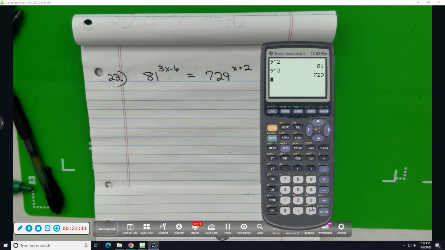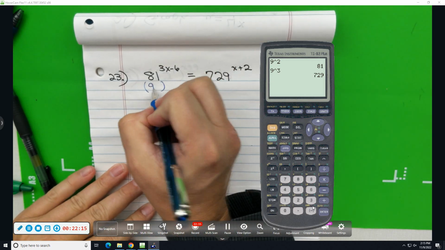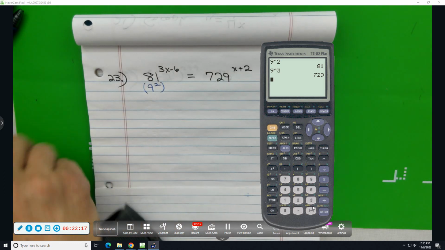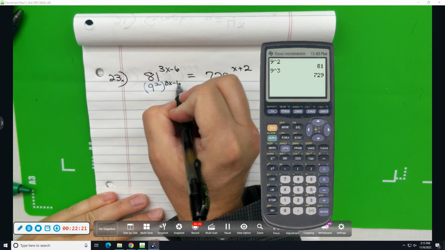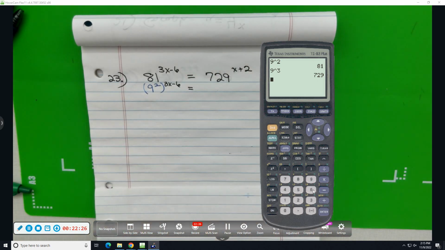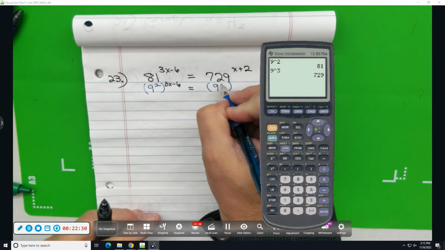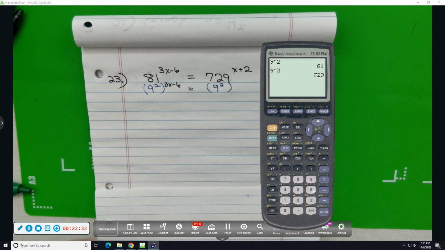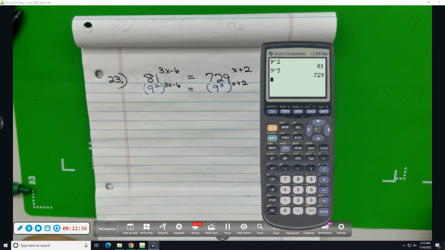So 81, I'll write as 9 squared. We still have that exponent, 3x minus 6, up there, equals 729, which we can write as 9 cubed. We have that exponent of x plus 2.